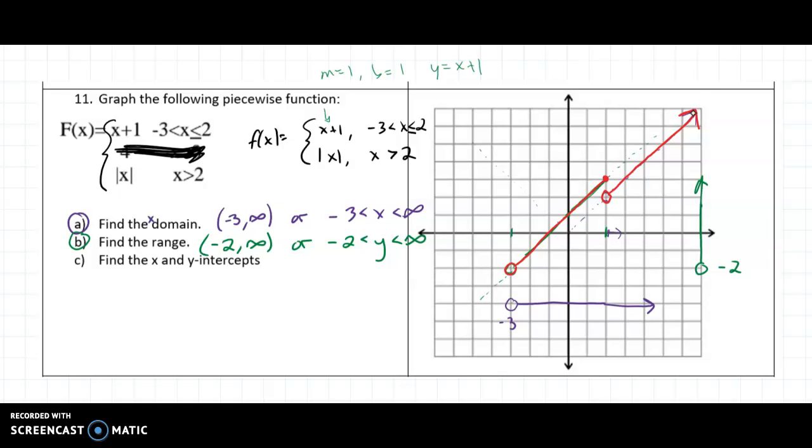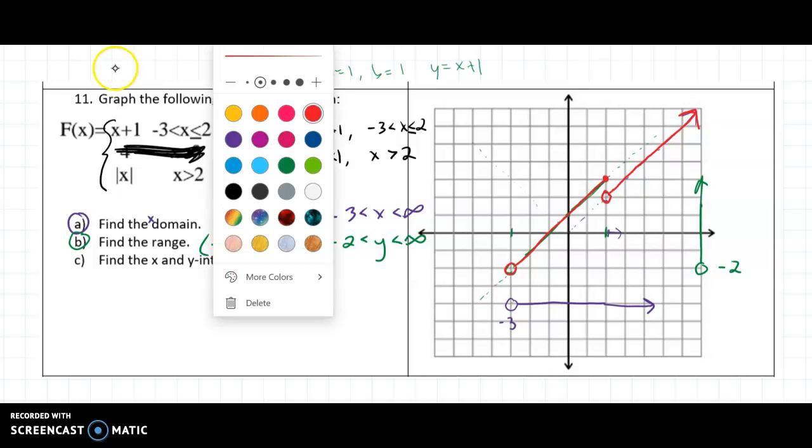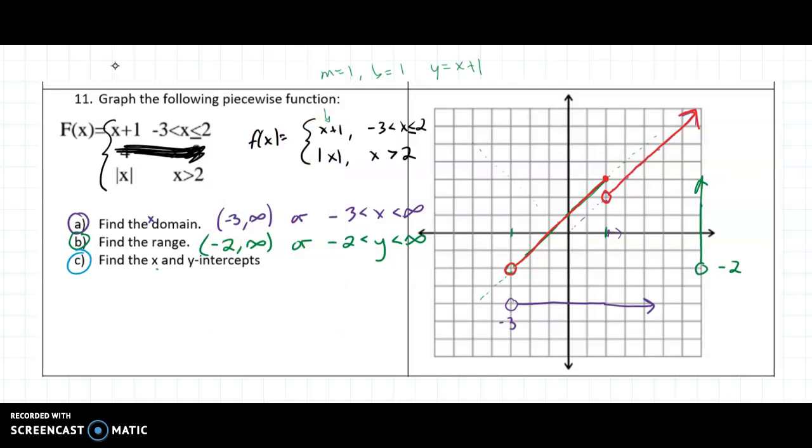Either one is good. Lastly, we're going to find some intercepts. Let's go to blue. The x-intercept is where this thing hits the x-axis. Remember, this is the x, this is the y. So what x value is that? It is x equals -1.